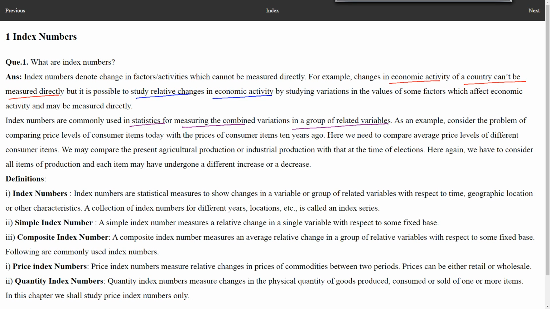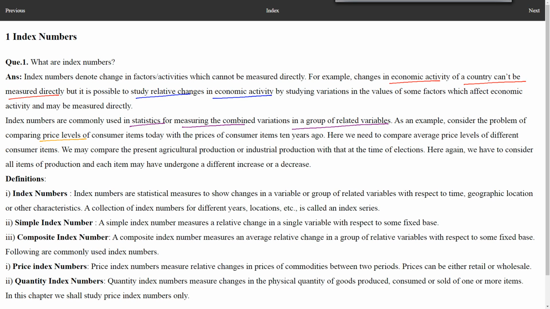As an example, consider the problem of comparing price levels of consumer items today with the prices of consumer items 10 years ago.